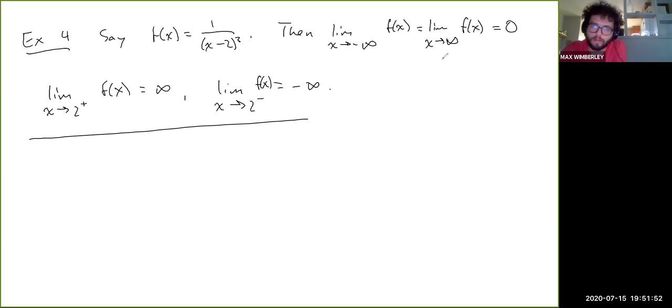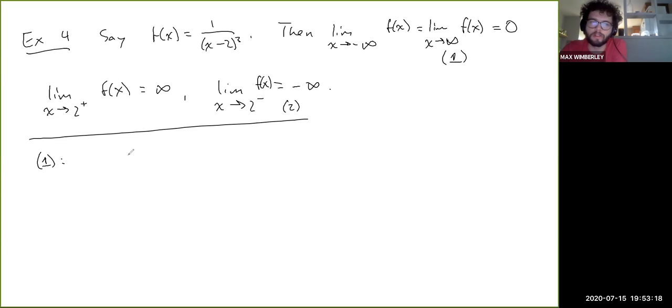Let's say our second, the other one we'll prove rigorously, is this one about approaching 2 from below. Okay, so for the first one, let's think about the definition. What is the definition of saying that the limit as x approaches infinity of f of x is 0?